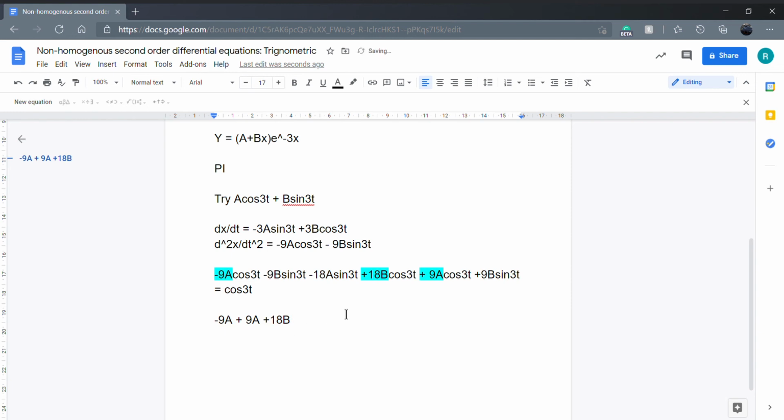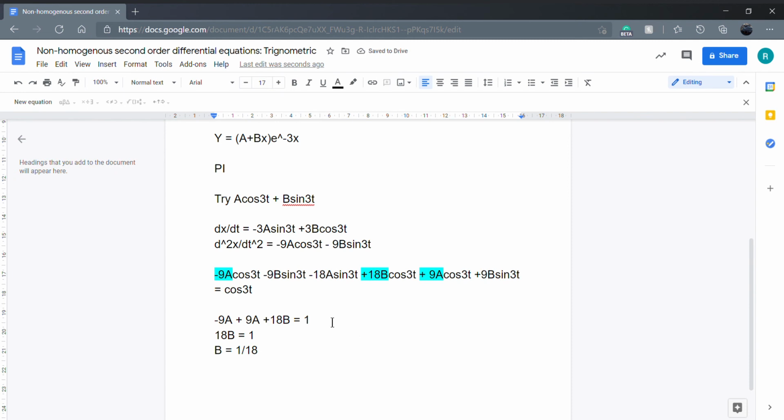Don't forget this part over here, that coefficient is 1, so this equals 1. So we have 18b equals 1, which then gives us b equals 1 over 18.